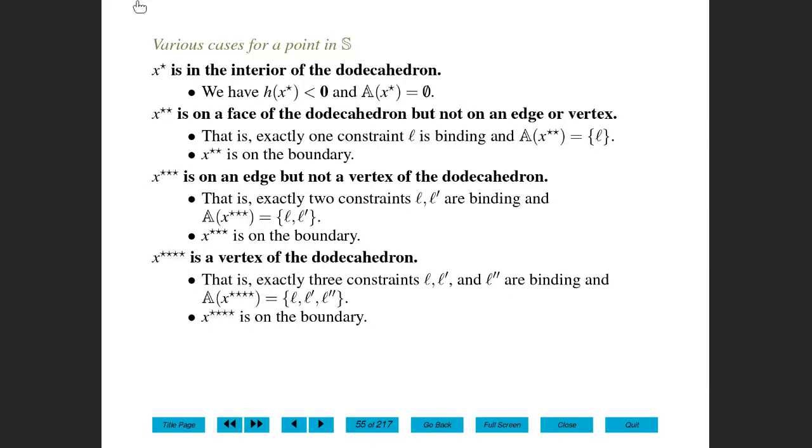But for all of these options, whether one, two, or even more constraints are active, the point is considered on the boundary. Still, by looking at it closely, we can figure out whether it's a face, an edge, or a vertex. Okay.